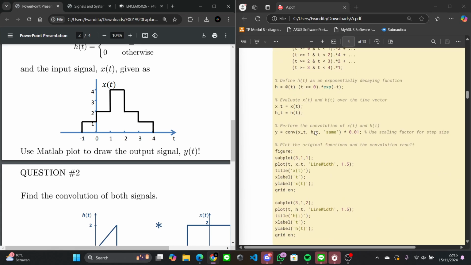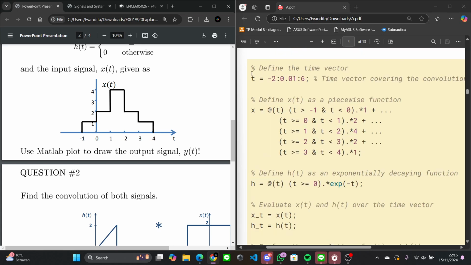So the Matlab code, as you can see, is just like the normal time. In here, I registered the time from -2 to 6. The graph is actually from -1 to 4 only, but for better visual representation, I add more space.